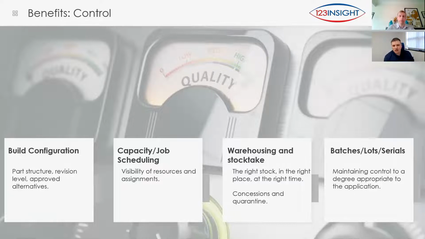And then we've got control around batches, lots, serial numbers, recording things around batches and expiry dates on goods and things like that. All those things that without a system in place would take lots and lots of effort and lots of time to get right. And inherently, without a good system in place, they incorporate a lot of human mistakes.